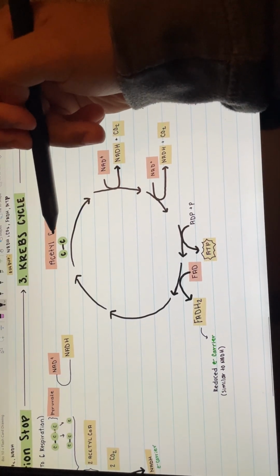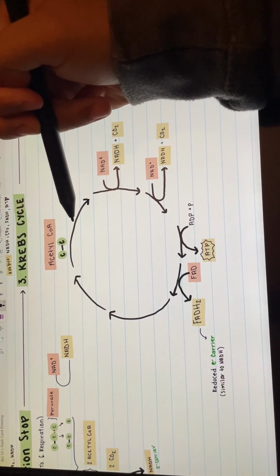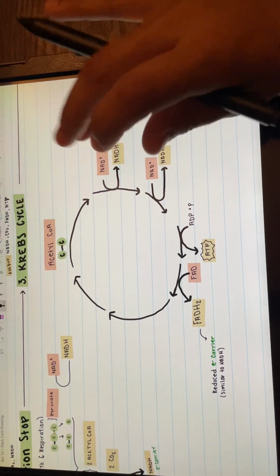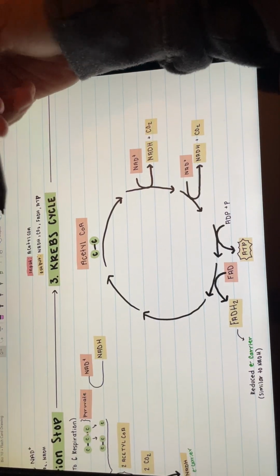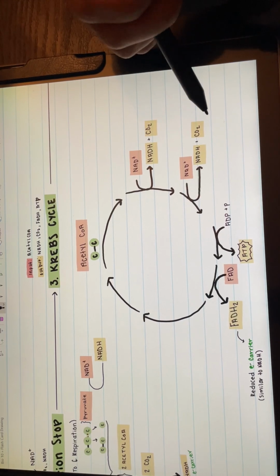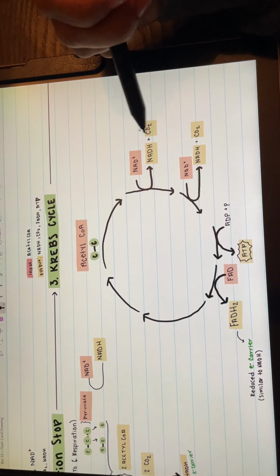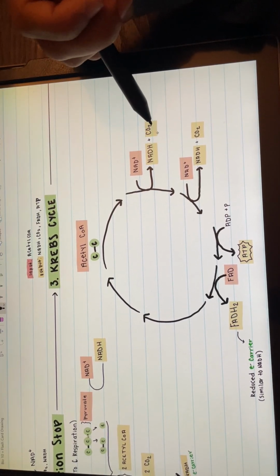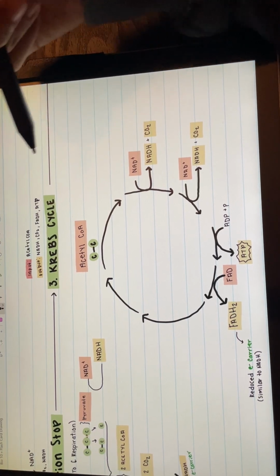So acetyl-CoA will break apart and CO2 will fly away. So we'll see that. That is our input. Our output is NADH, which we can see here. The CO2, which is also an output, will float away because that is a gas.